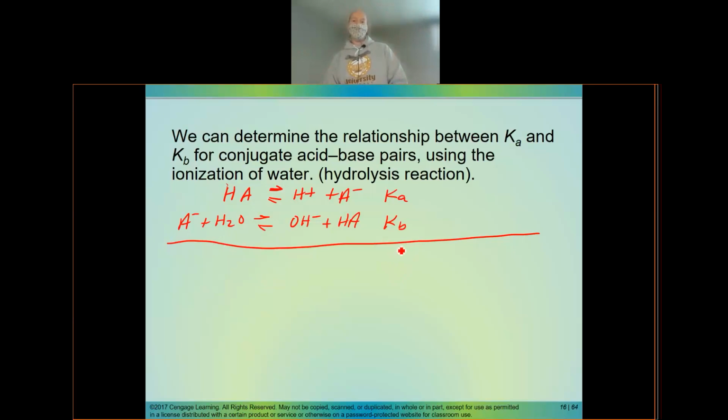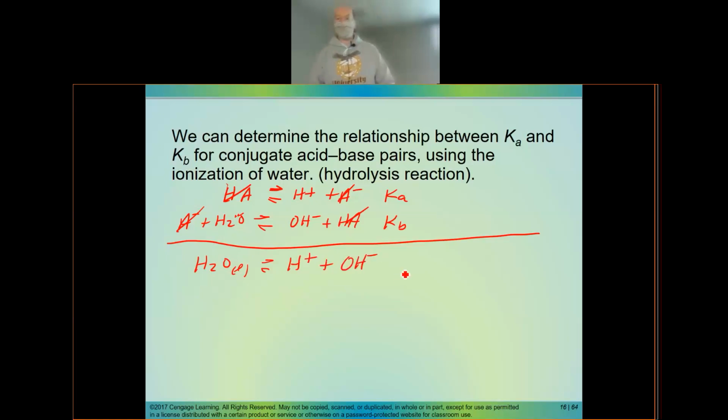All right, I'm going to add those up. I'm going to subtract from both sides an HA. I'm going to subtract from both sides an A minus. And when I add my Ka reaction with my Kb reaction, I get H2O, liquid, is in equilibrium with H plus and OH minus.